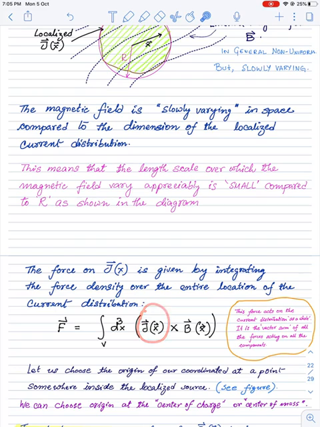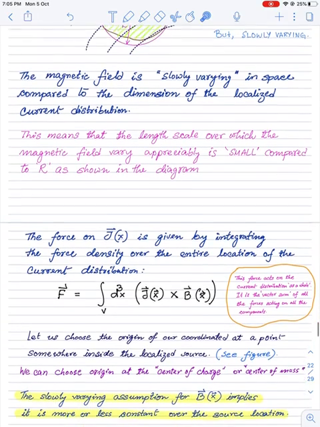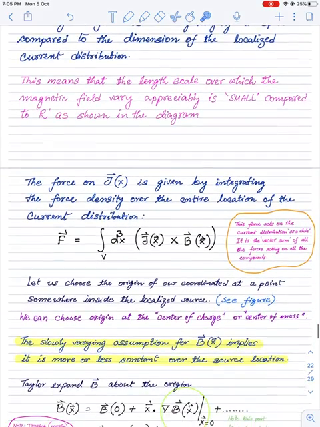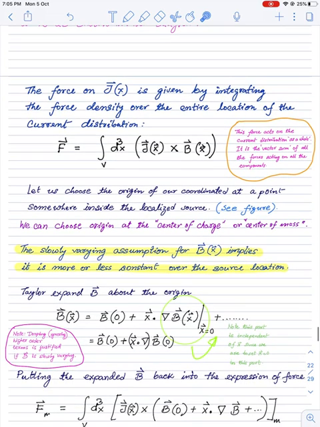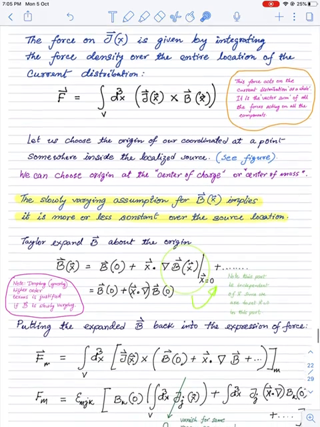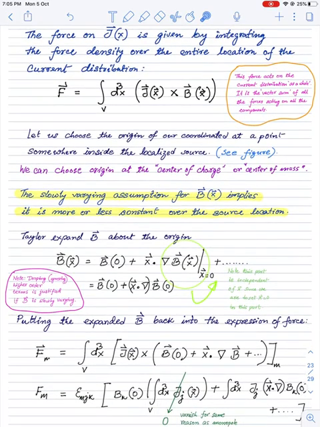This B can be some external magnetic field, not only the field produced by the current density, which is exerting some force on some current distribution. In this scenario, we assume that the magnetic field is varying slowly.